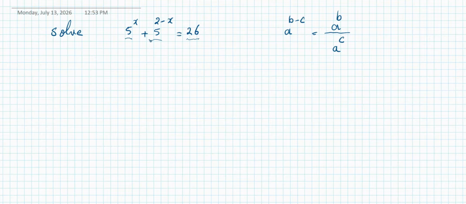So we rewrite this term 5 to the power of 2 minus x accordingly. So we have 5 to the power of x plus 5 to the power of 2 over 5 to the power of x equal to 26.